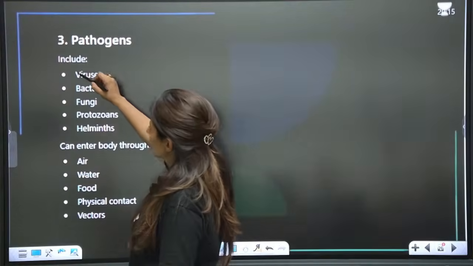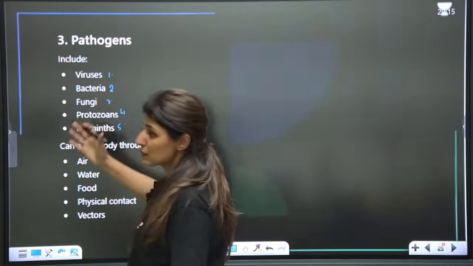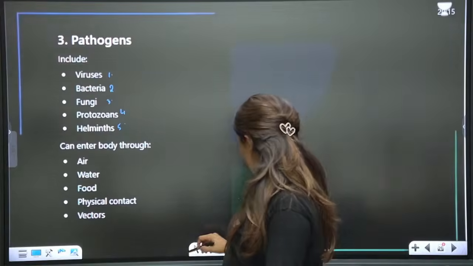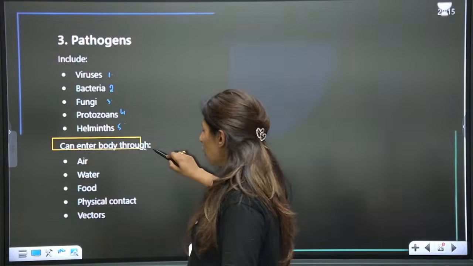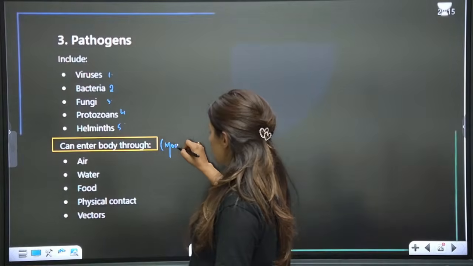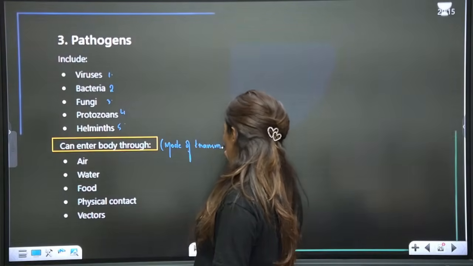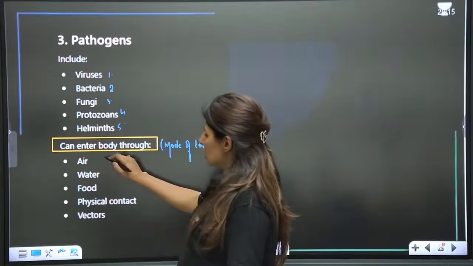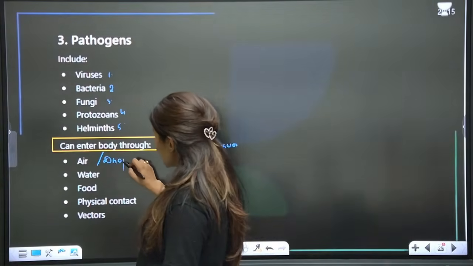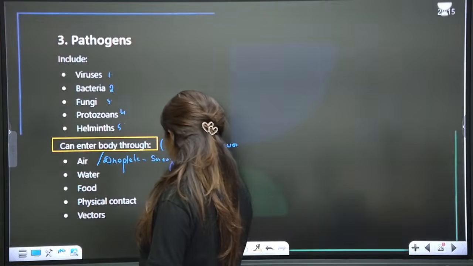Now let's talk about these pathogens. I've told you these pathogens are of 5 types, and hence we have different types of infectious diseases. Now what is their mode of transmission? How do they spread or transfer from one person to another? So the mode of transmission is through air, or we can say droplets. So through sneezing, through coughing, right? That is droplet infection.